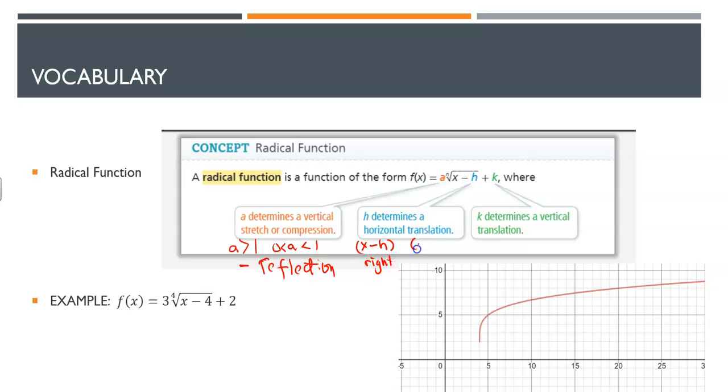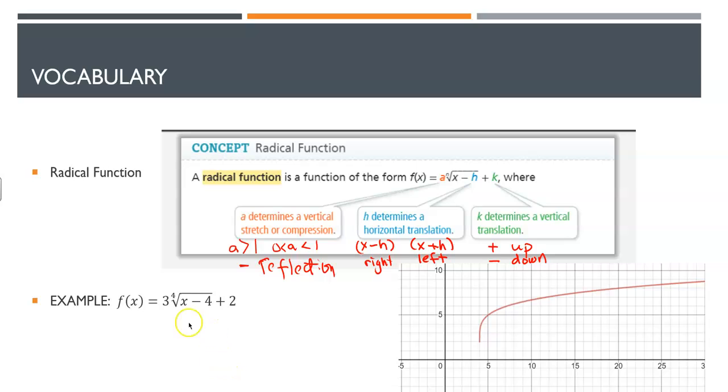If it says x plus h, we're going to the left, assuming h is a positive number. k, when k is positive, we're going up, and when k is negative, we're going down. And if you're ever not quite sure, of course you can just put the point into the equation and see where you end up, or you could graph it and see for yourself on Desmos or on your calculator.